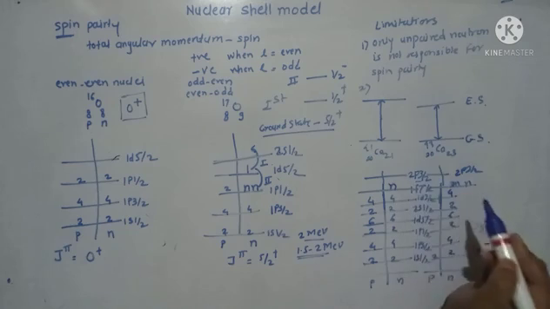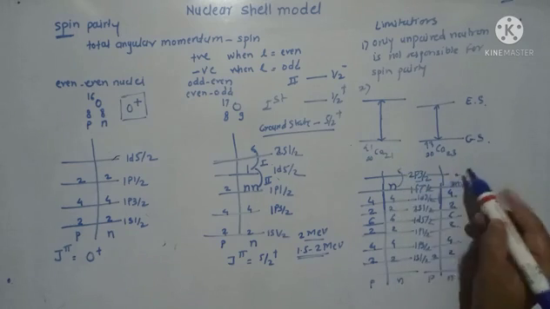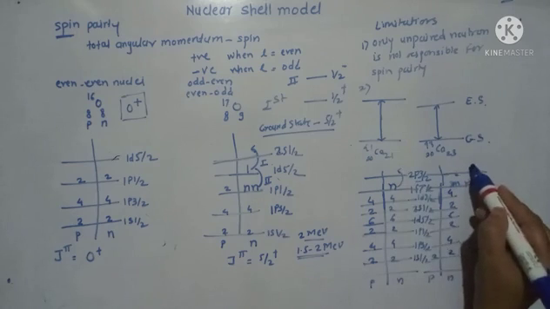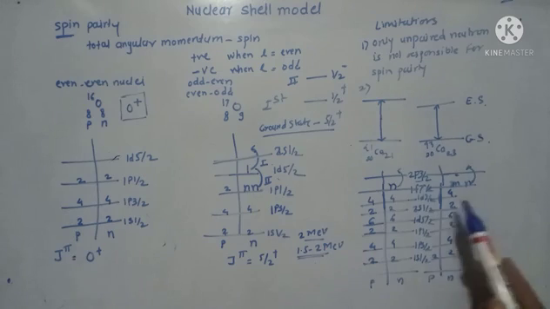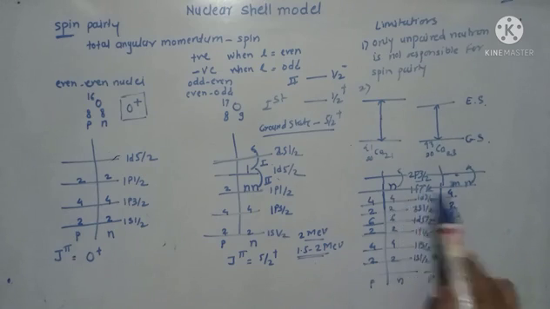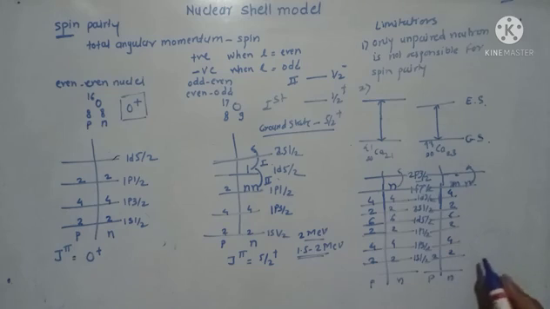Therefore the spin parity of the first excited state should be 3/2 minus. So for both nuclei, the exchange particle is a neutron, the ground state spin parity is 7/2 minus, and the first excited state spin parity will be 3/2 minus for both cases.